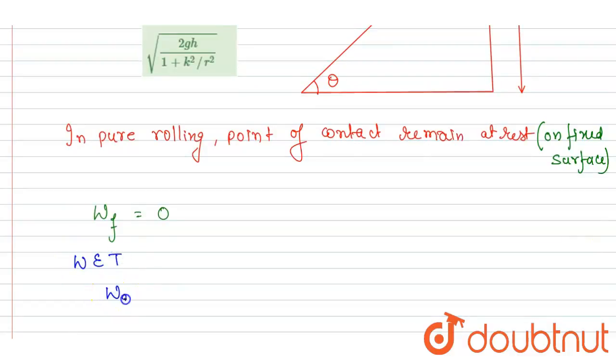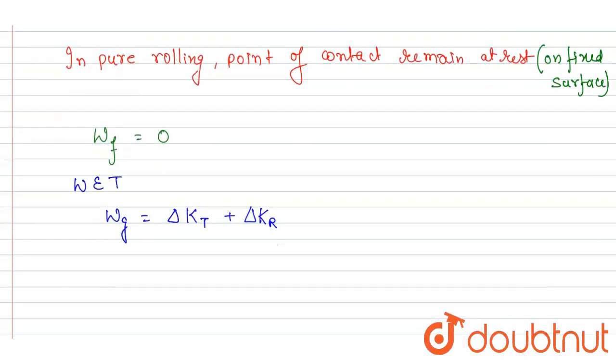So work done by gravity is equal to change in translational kinetic energy plus change in rotational kinetic energy. Work done by gravity is simply mgh since it came down by a height h. The translational kinetic energy, initially it was 0, finally it is this.